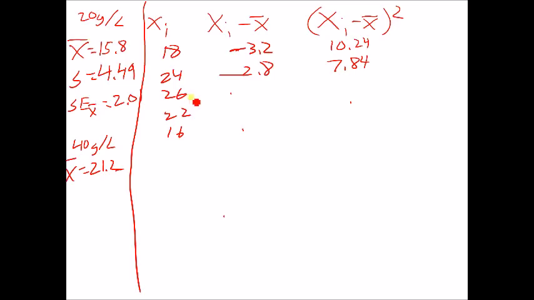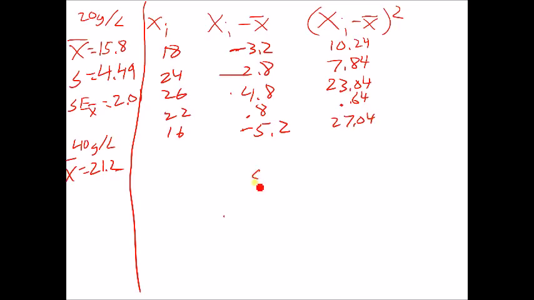Next, we'll go 26 minus 21.2 to get 4.8. We're going to square the 4.8 to get 23.04. Next, we'll go 22 minus 21.2 to get 0.8. We'll square that to get 0.64. And then we'll go 16 minus 21.2 to get negative 5.2. Square that to get 27.04.